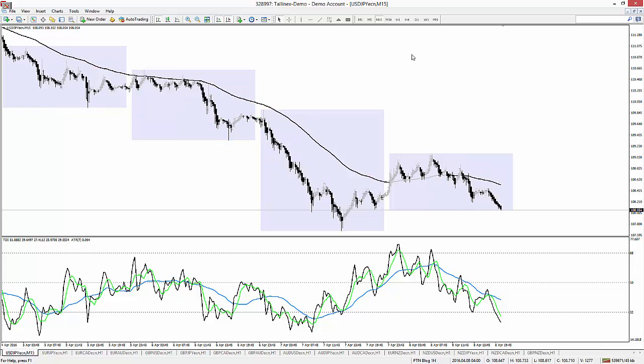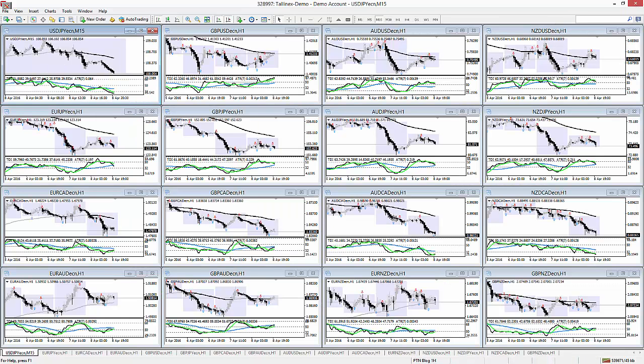But when you're looking at the intraday market, you've got to be laser focused and decide on 20, 30 pips. My target is between 30 and 50 pips. So that's what I'm looking at.